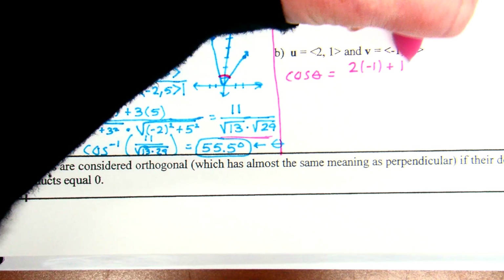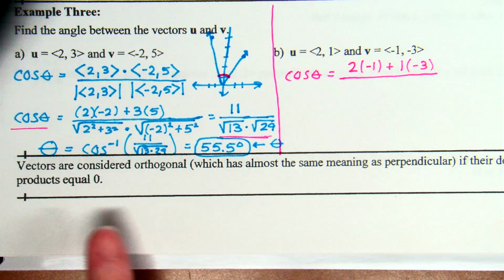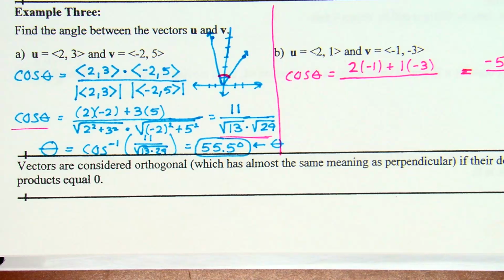I got distracted by noise in the hallway and closing the door. I can't multitask on this one, obviously. 2 times negative 1 plus 1 times negative 3 is going to be negative 2 plus negative 3, which is negative 5.